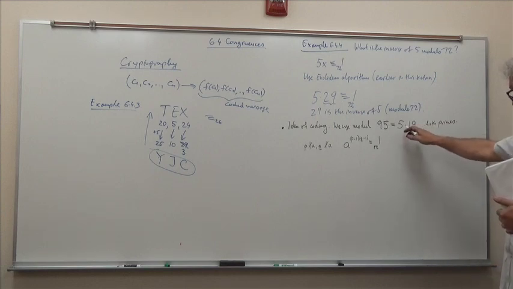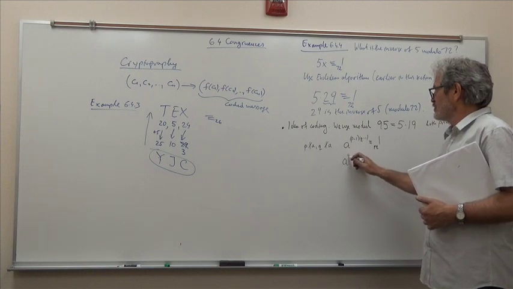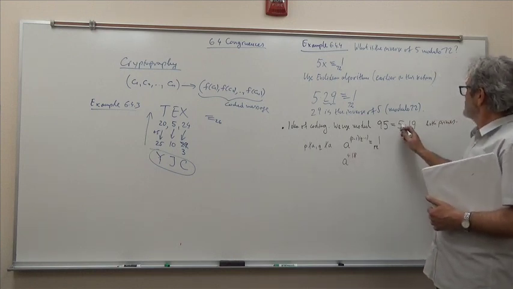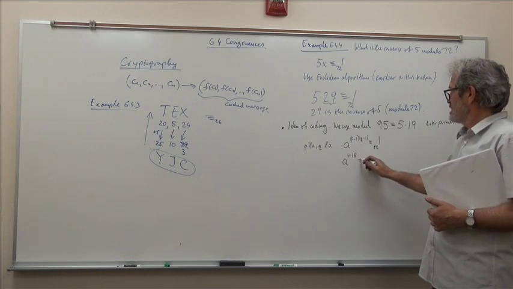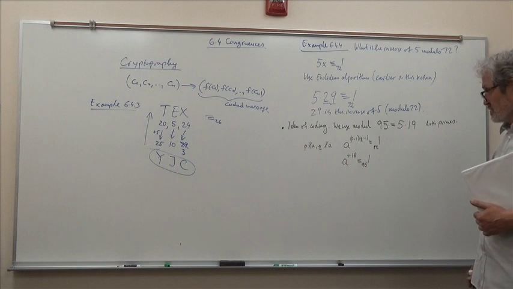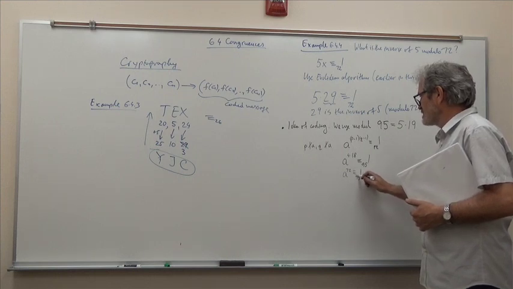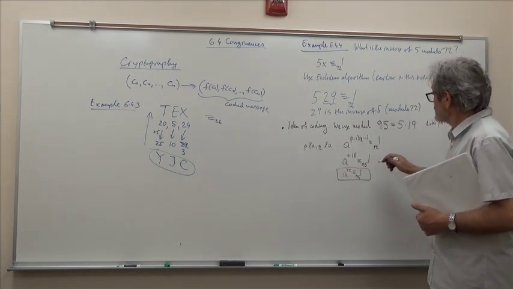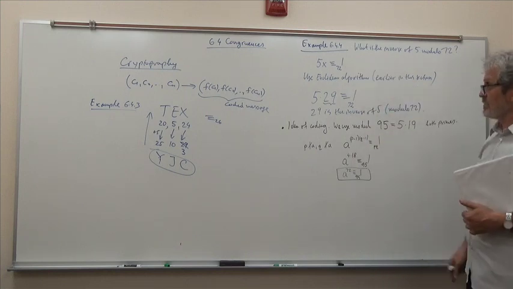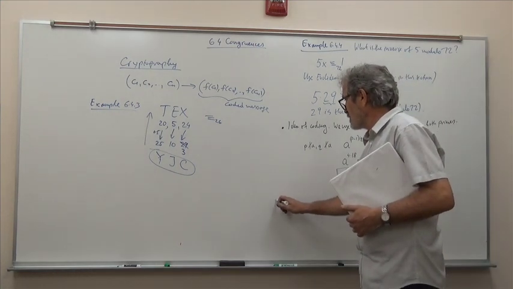In this case, p and q are 5 and 19, so we get that a to the 4 times 18, that is (5 minus 1)(19 minus 1), is congruent with 1 modulo 95. So generally, a to the 72 is congruent with 1 modulo 95. That's why in the previous example I solved the problem of the inverse modulo 72.